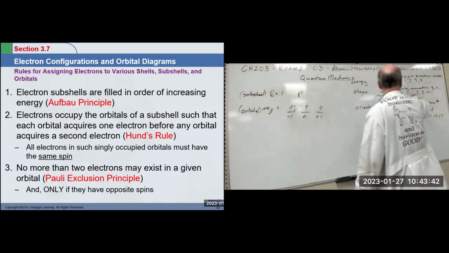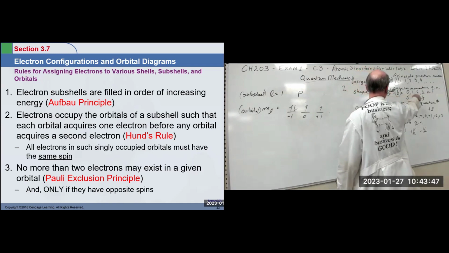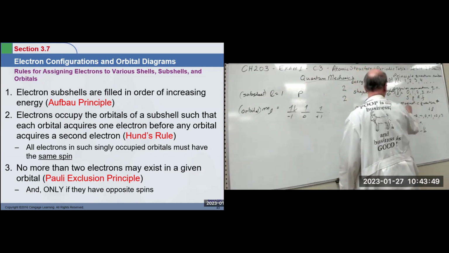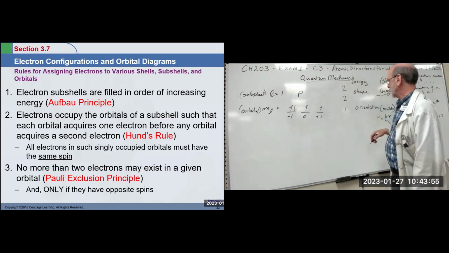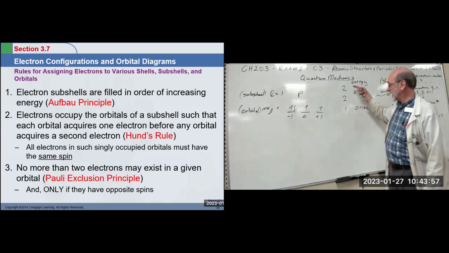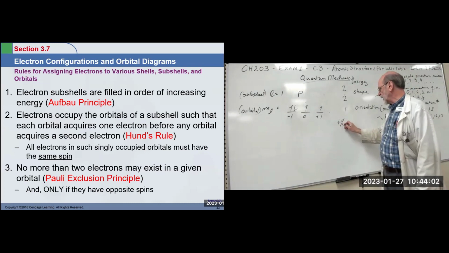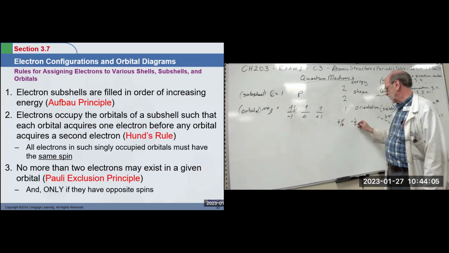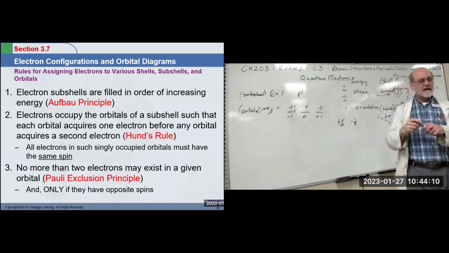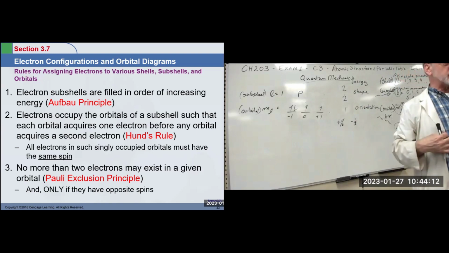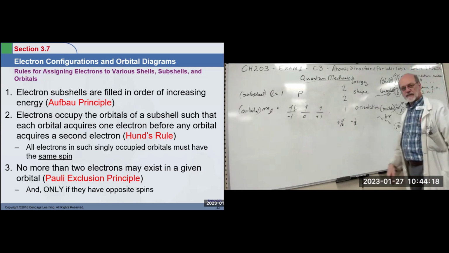So if you've got one that has n equals 2, and subshell is 2, and orbital is 1, then those electrons can have these numbers the same, but down here, it either has to be 1/2 or -1/2. They can be different anywhere, but the same set of 4 quantum numbers has to be unique for every electron. That's the Pauli exclusion principle.